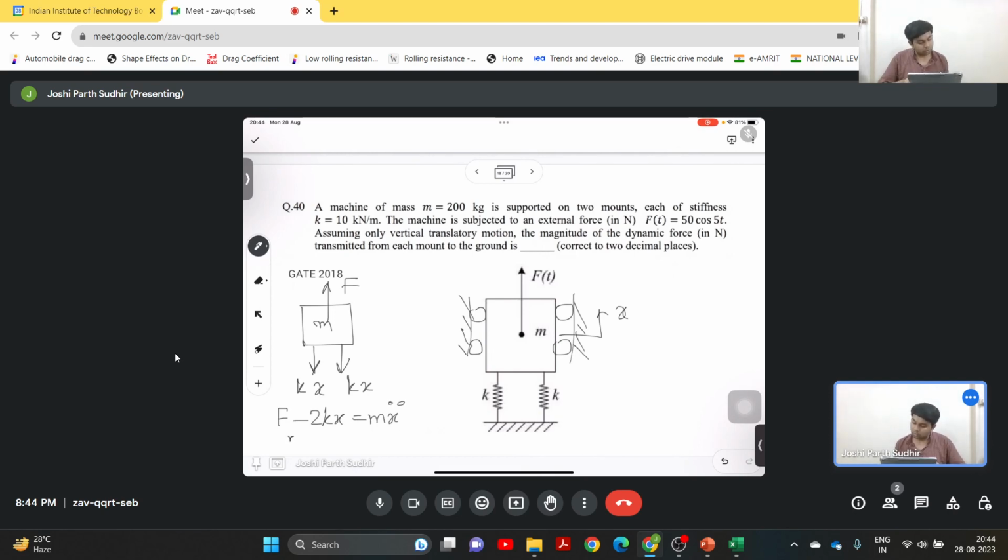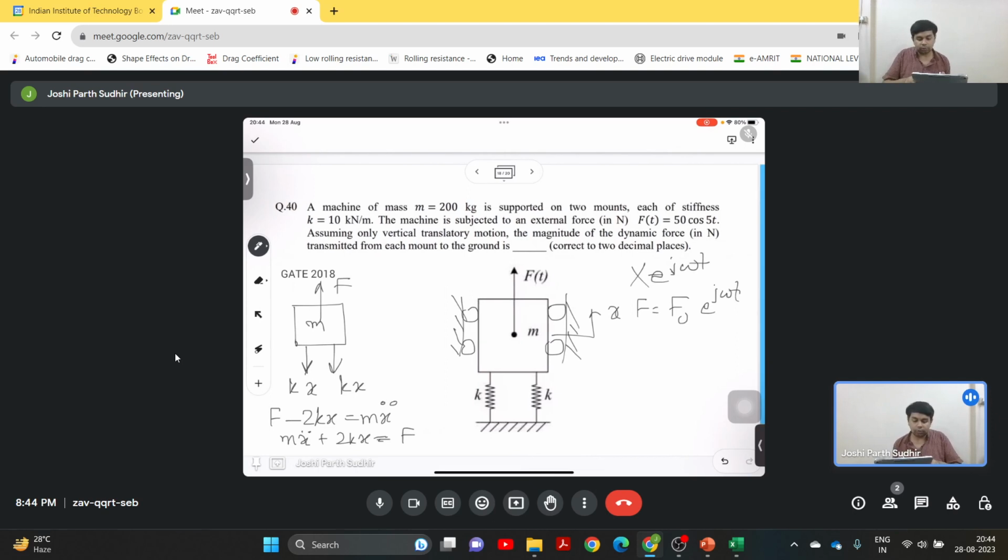So m x double dot plus 2kx is equal to F. Let us assume a solution of the form x e to the power j omega t, and F is equal to F naught e to the power j omega t, and let us substitute this into the differential equation.